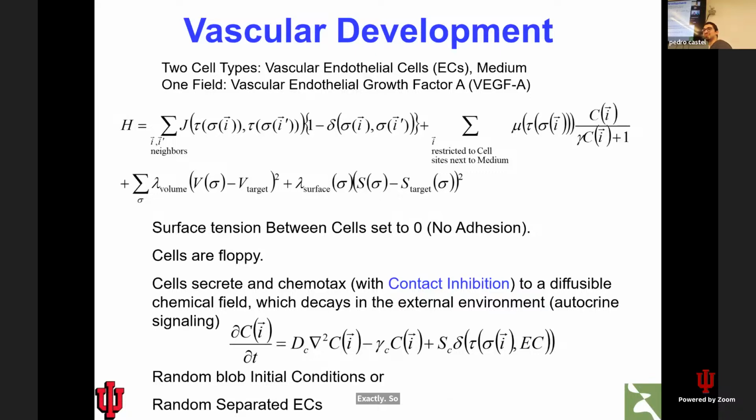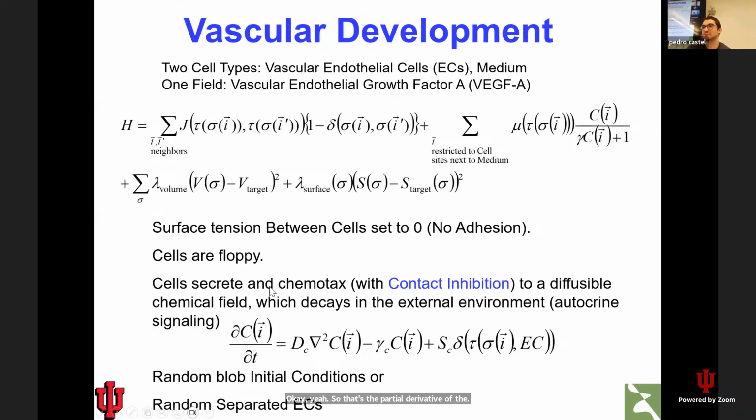You don't need to know what S signifies. It's just a constant. So physically, what does this represent? What are the endothelial cells doing when I write this? The endothelial cells, number one, secrete VEGF, and then they also cause other endothelial cells to preferentially adhere to them. Adhesion. So that's the partial derivative of the concentration.